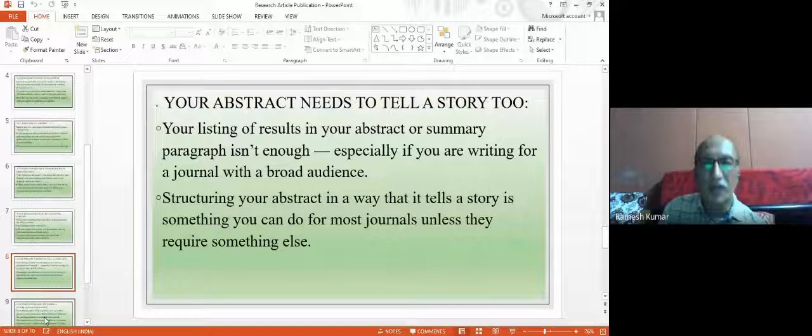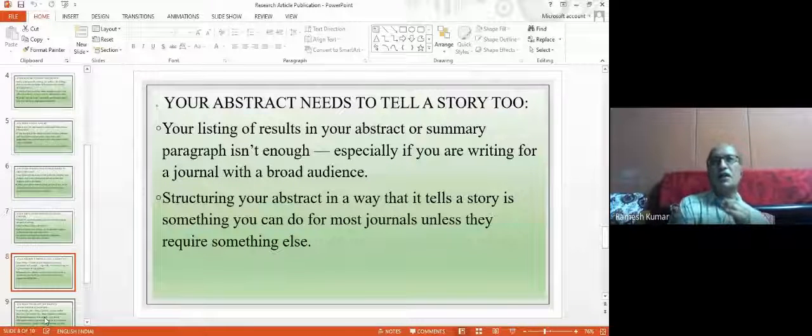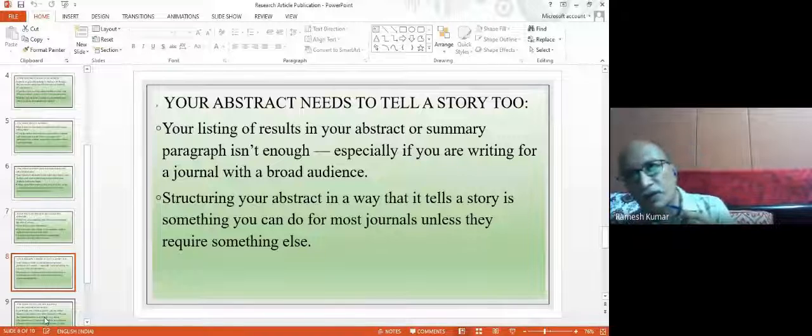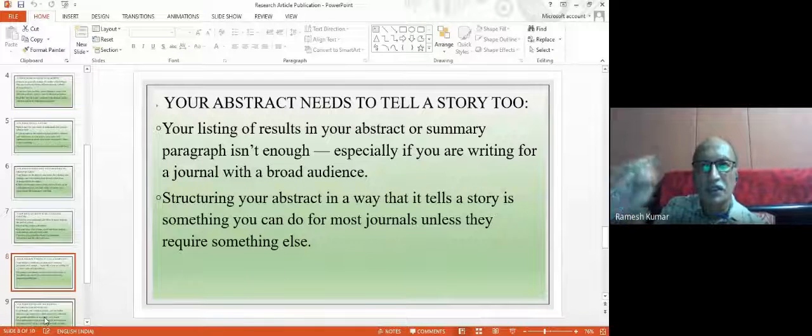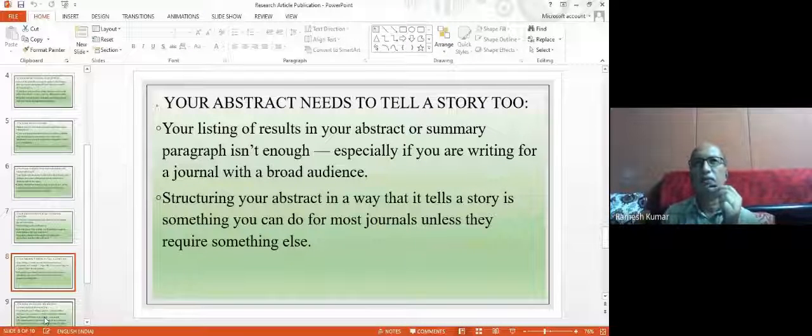Now, your abstract. Let us look at what exactly you need to write in your abstract. Your abstract needs to tell a story too. Whatever you are thinking of in terms of the problem, you should represent in a very concise way in your abstract. As a research scholar or researcher, when you are reading somebody else's paper, what exactly will you read?